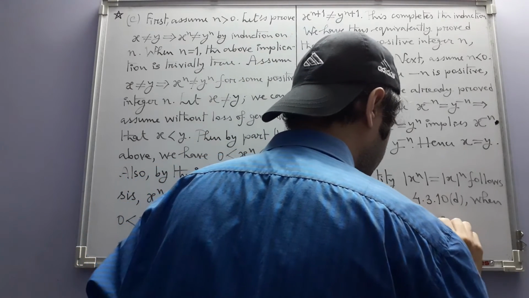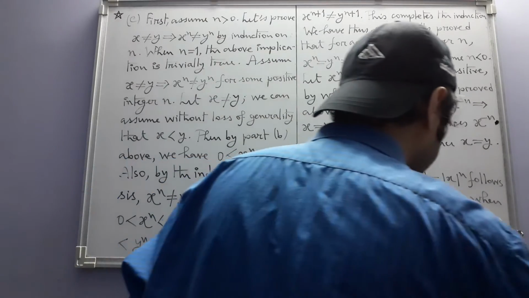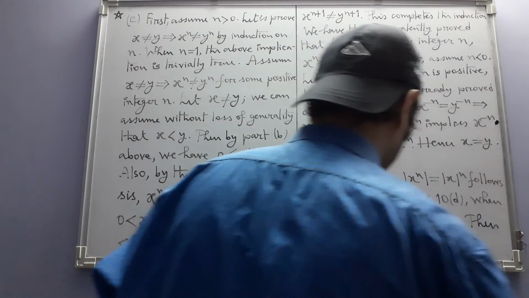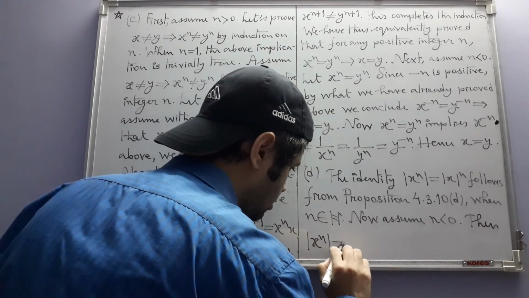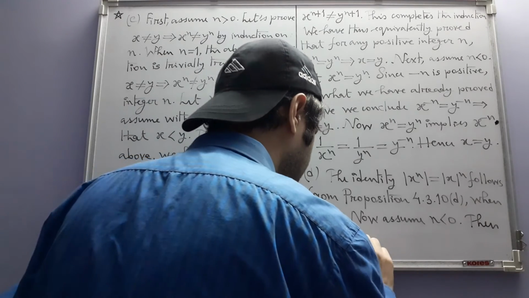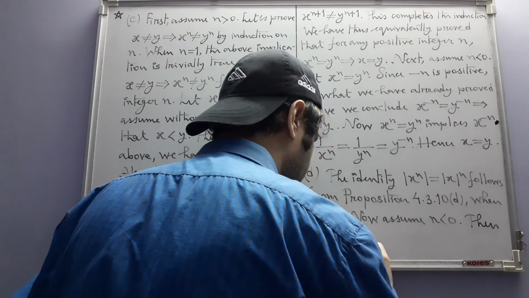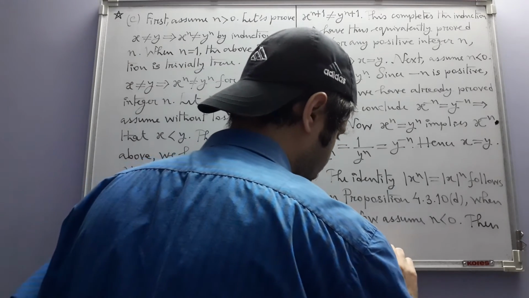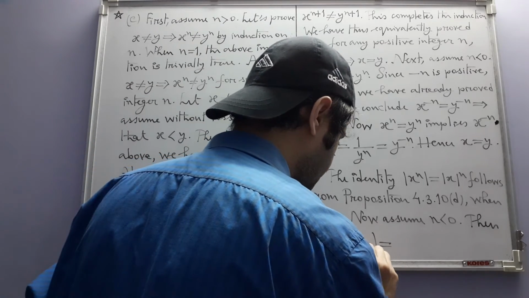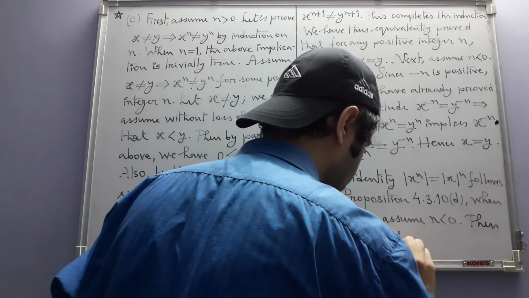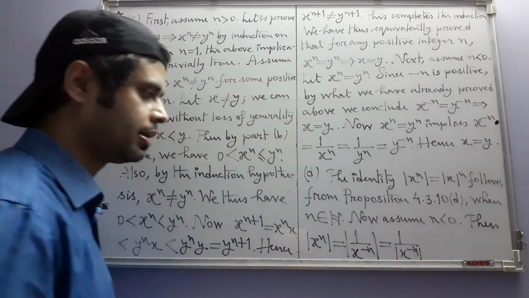Now assume n to be a negative integer, then this is equal to, since n is negative, the definition of x to the power n is this, and this is equal to 1 by absolute value of x to the power minus n.